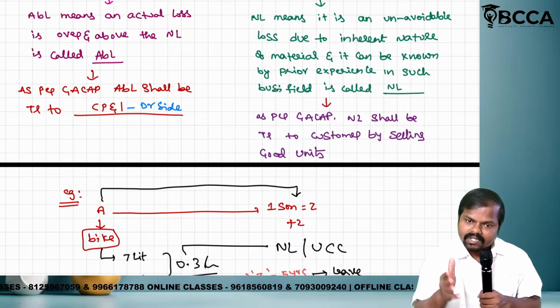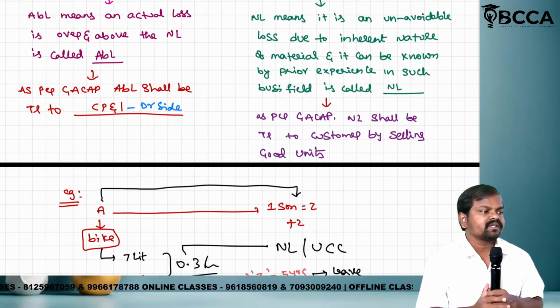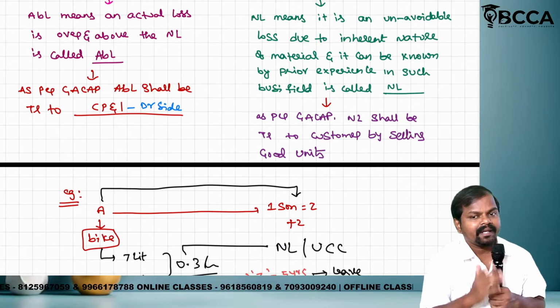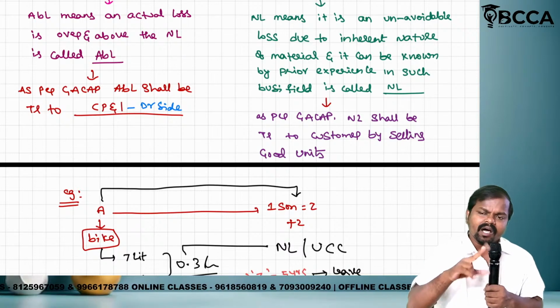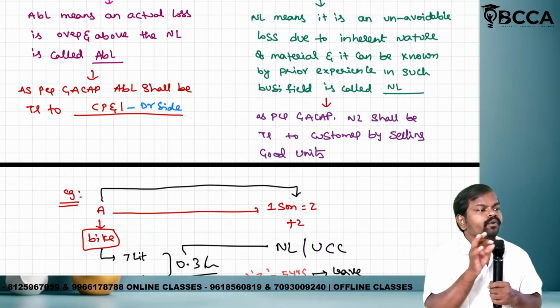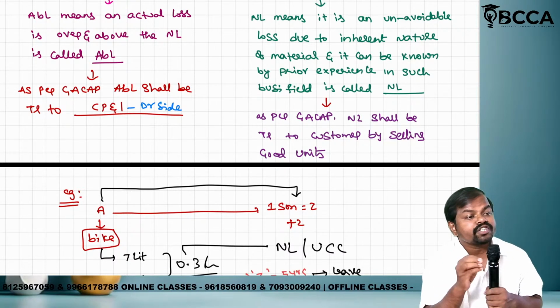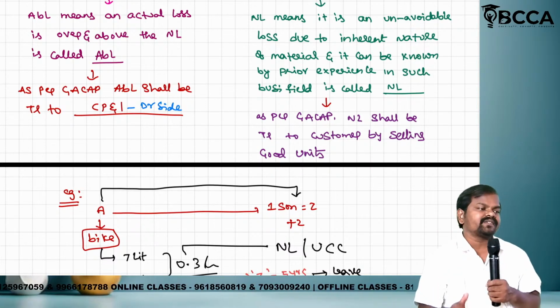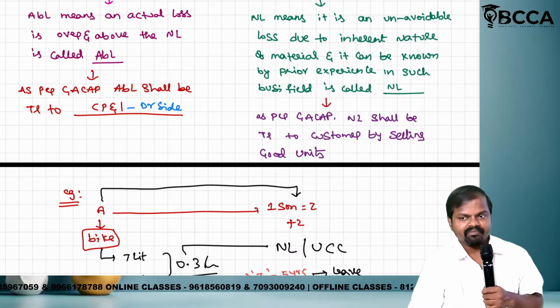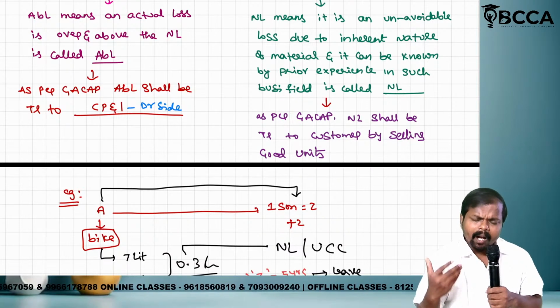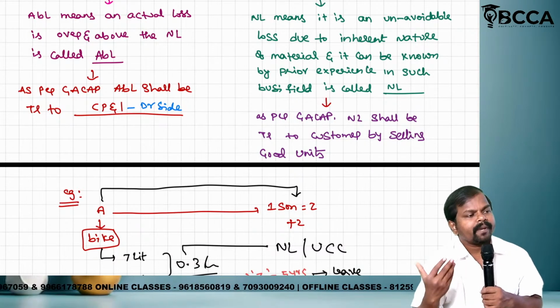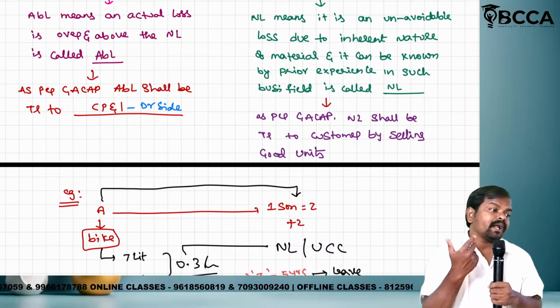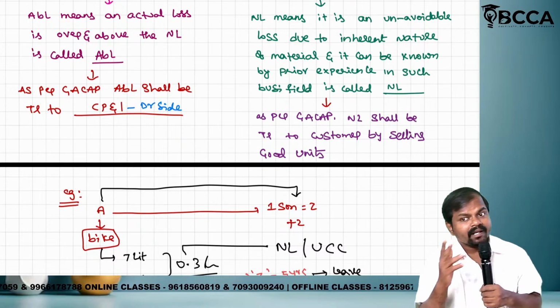If your actual loss is below the normal loss, it is abnormal gain. Abnormal loss or gain, either one, you have to transfer to the costing P&L account, either debit side or credit side, as the case may be.